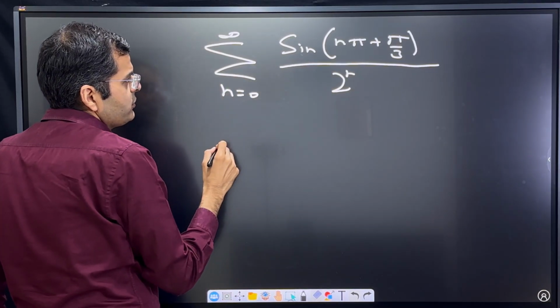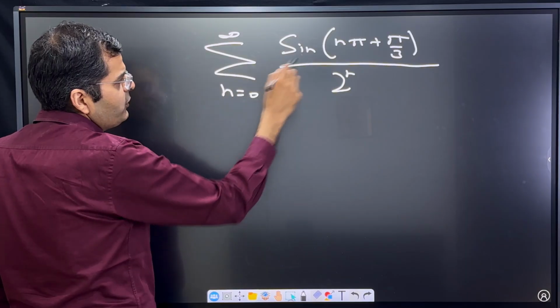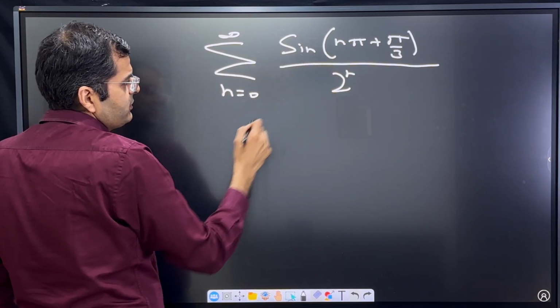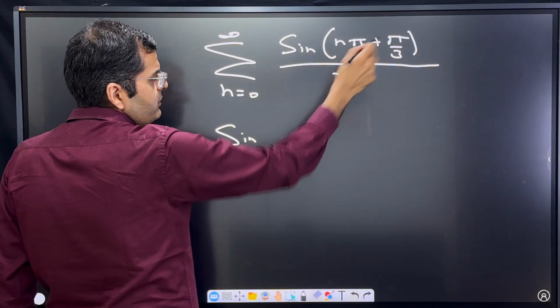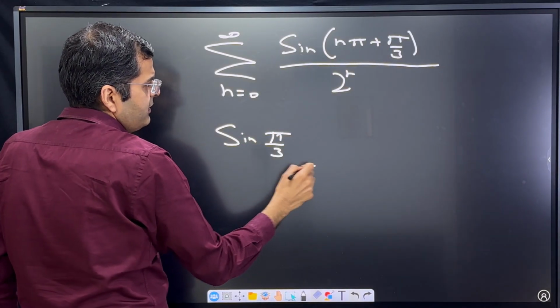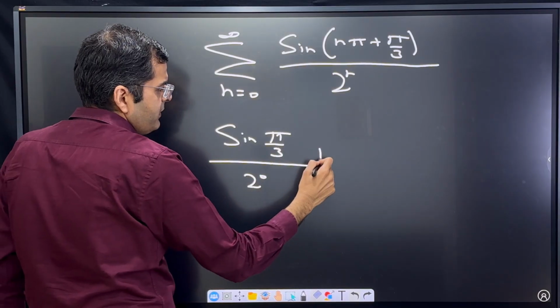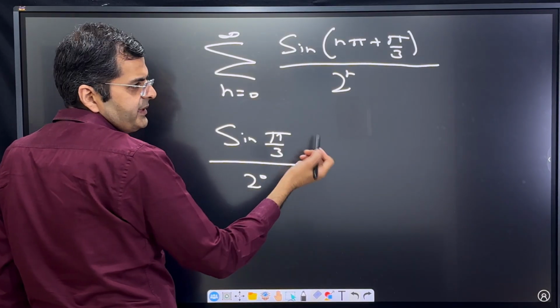So the first term, if n is 0, becomes sine of (0 into pi, which is 0, plus pi by 3) divided by 2 raised to 0, plus the next term. It's an infinite summation.